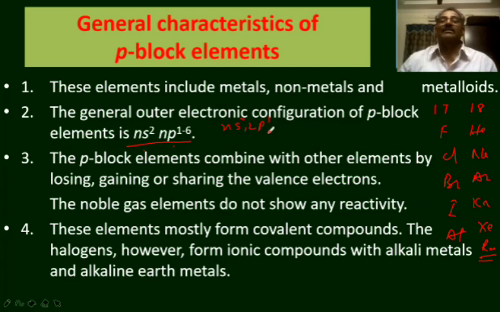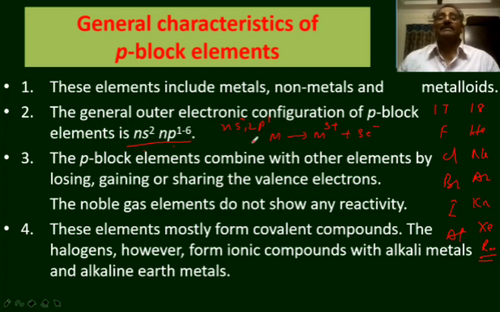These undergo ionization, and by the loss of 3 electrons, these elements form a positive ion possessing 3 units of positive charge. So these can participate in ionic reactions. That means ionic compounds are formed by 13th group elements.